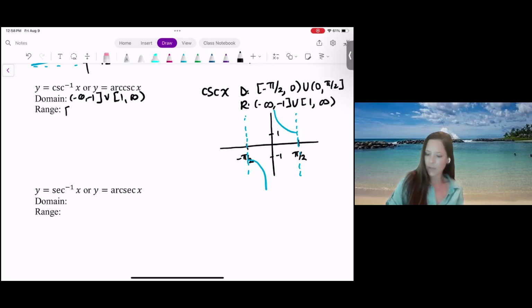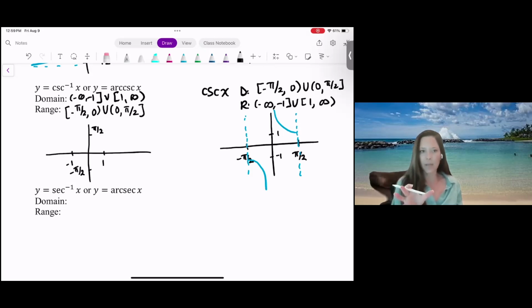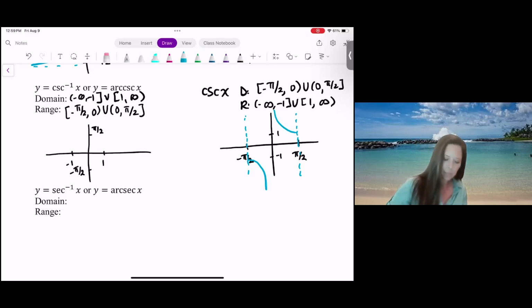And then our range is going to go from negative pi over 2 up to 0, but not included, and then from 0 to pi over 2. Let's look at that graph. So the domain has a gap from negative 1 to 1.